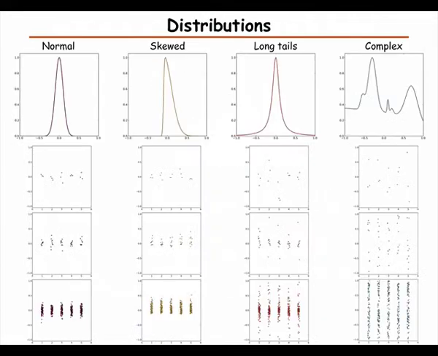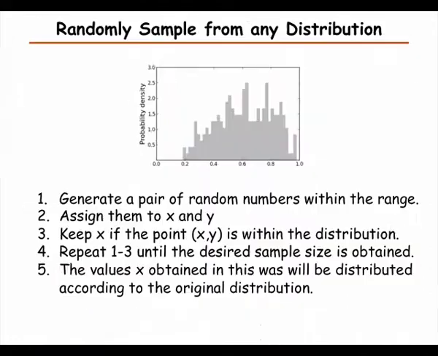So we have these distributions, and we want to randomly sample them. So how do we do that in a computer? One way to do it, and this works for any distribution that you have experimentally measured, for example, or a known distribution, is to generate a pair of random numbers.